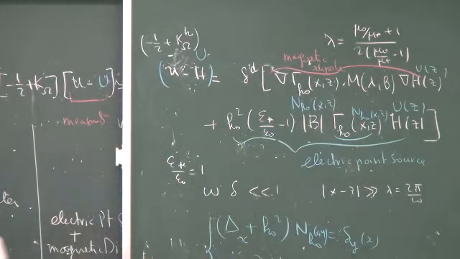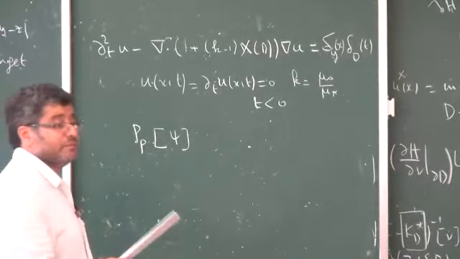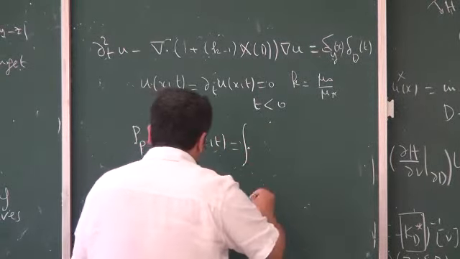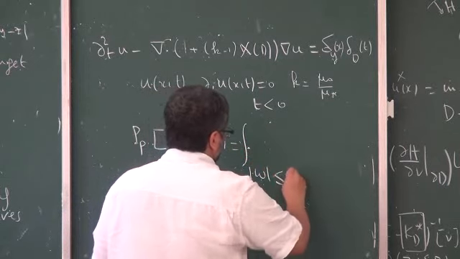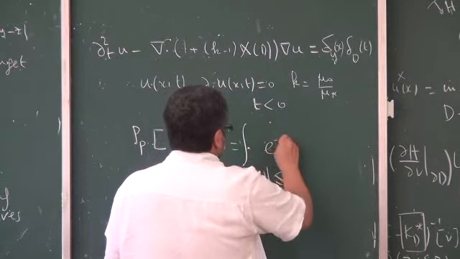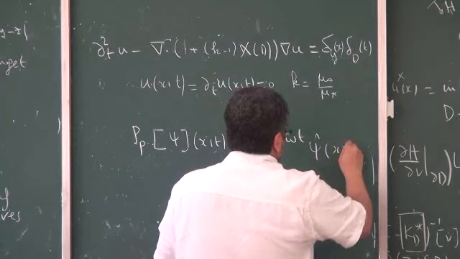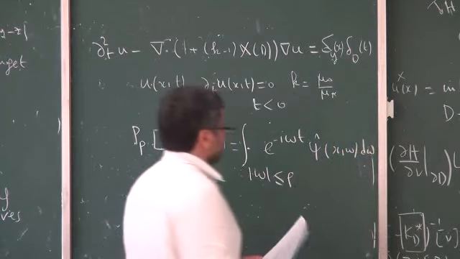Now, if we want to get the effect of a small inclusion, we have to truncate all the high frequencies in this wave equation. So we introduce this truncation operator, which truncates the high frequencies. P rho of psi of x and t is the integral for the frequencies smaller than rho, of the inverse Fourier transform of the Fourier transform of psi at x and omega.